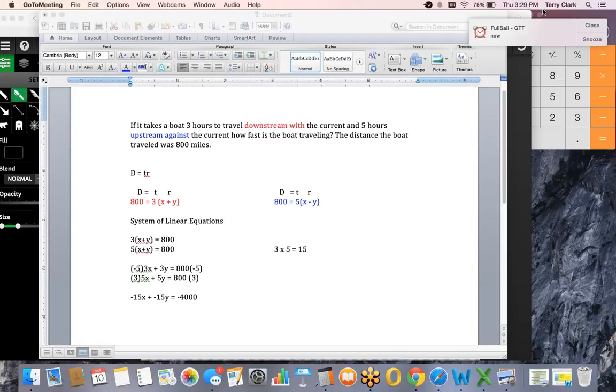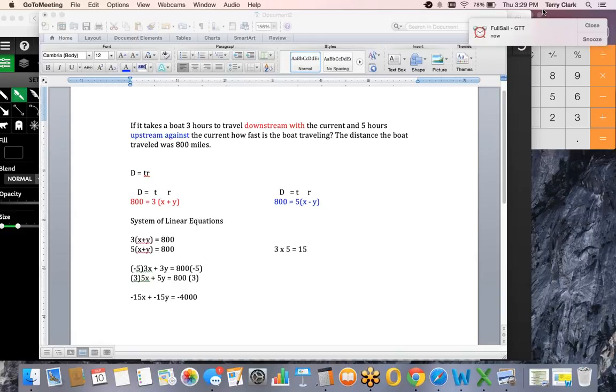Okay, so we got two speeds. Both speeds are unknown. That's why we've got an X plus Y and an X minus Y, because the speed of the boat is unknown, and the speed of the current is unknown.